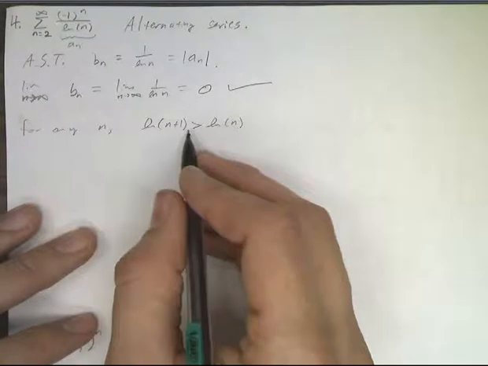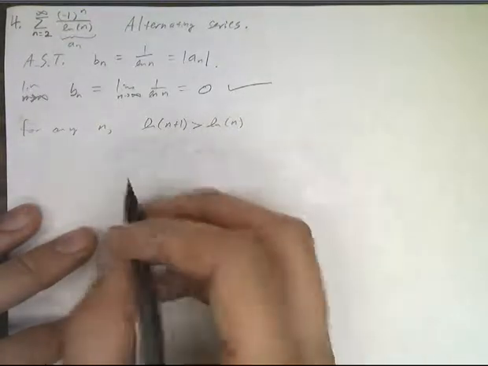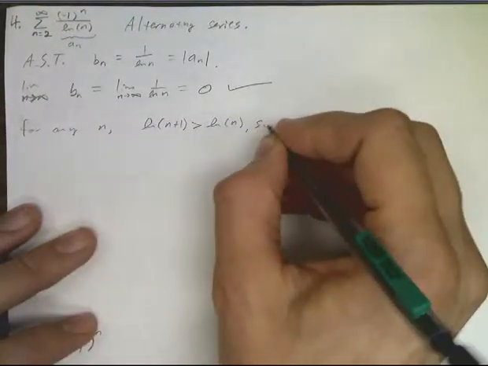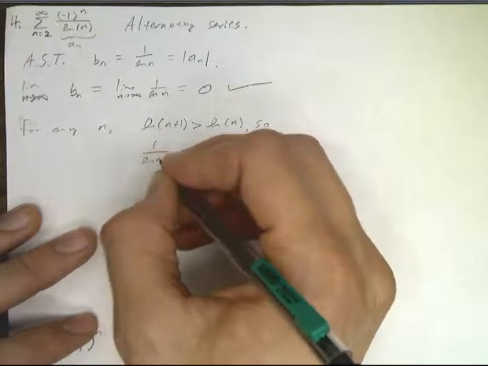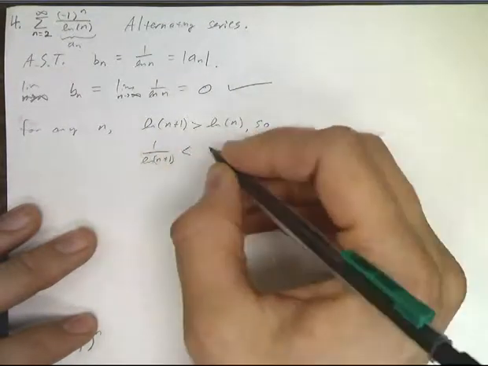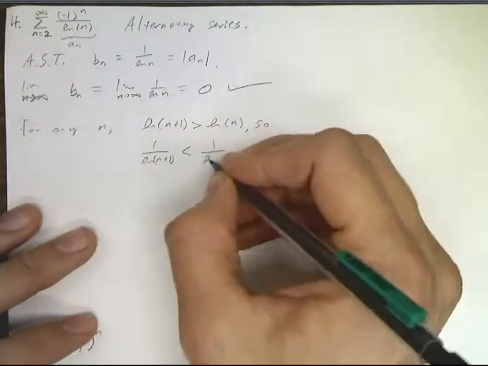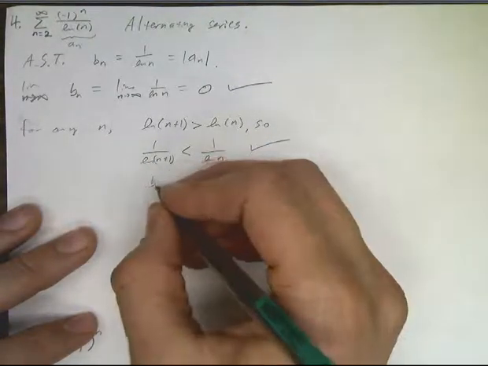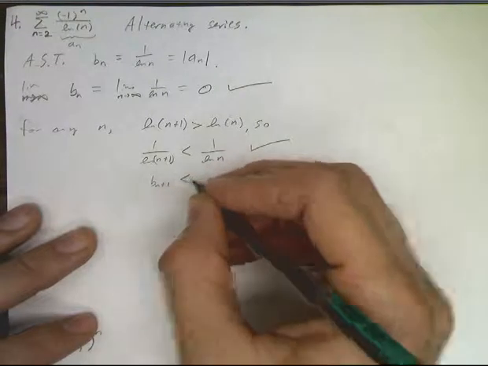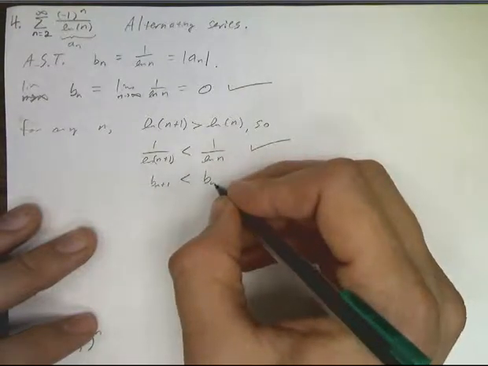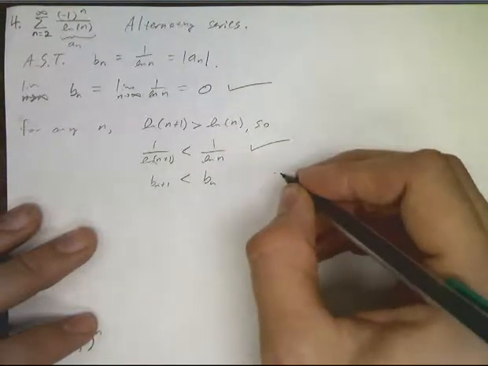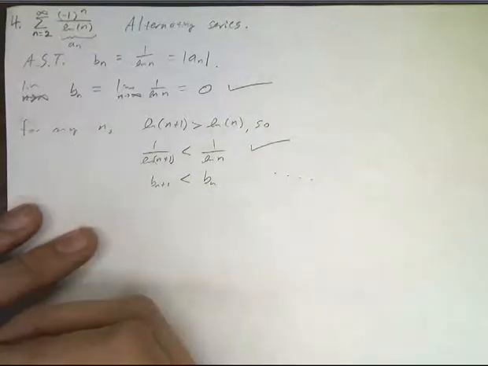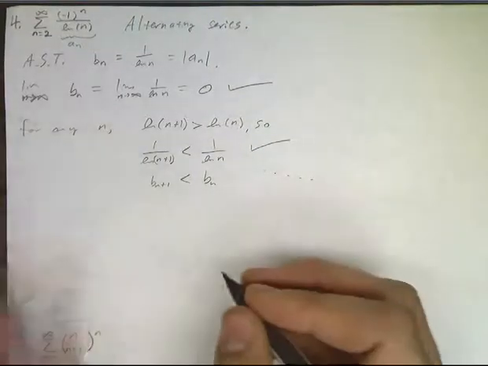Okay, the natural log function is increasing. So 1 over natural log of n plus 1 will be less than 1 over natural log of n. This is saying Bn plus 1 will be less than Bn. In other words, my sequence is decreasing.